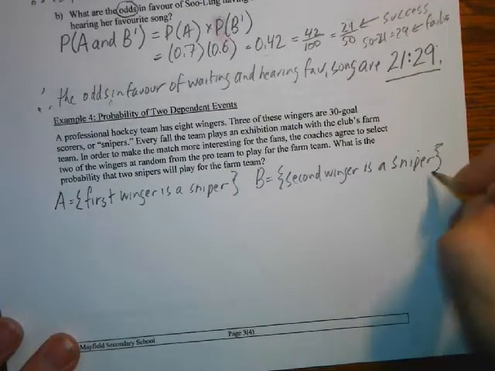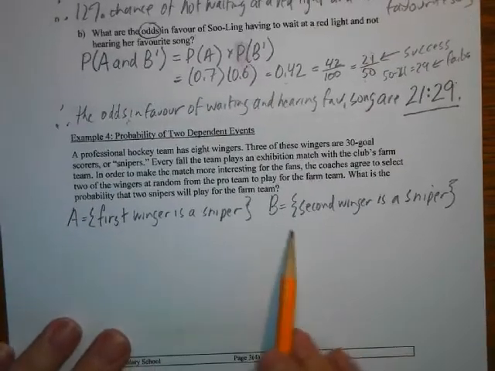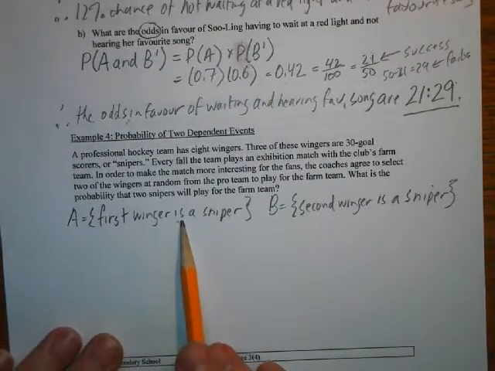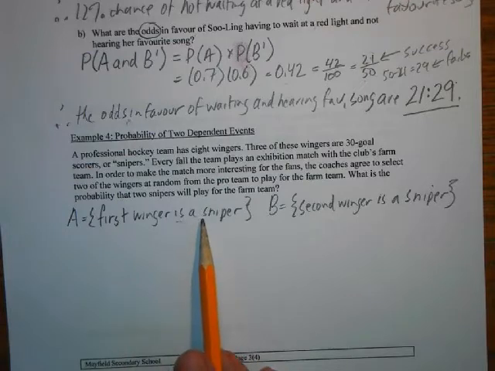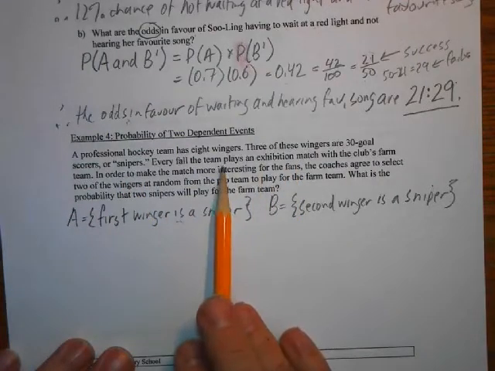Okay, and the reason why we do that is because you can see that when I select my first winger, if you look at the numbers here, how many wingers are there? There's 8 wingers.